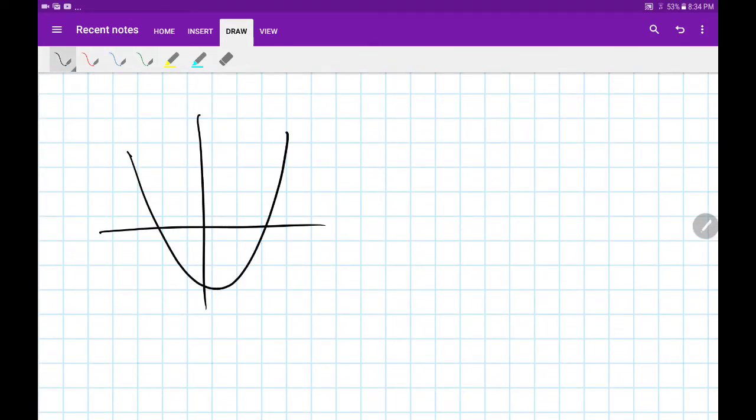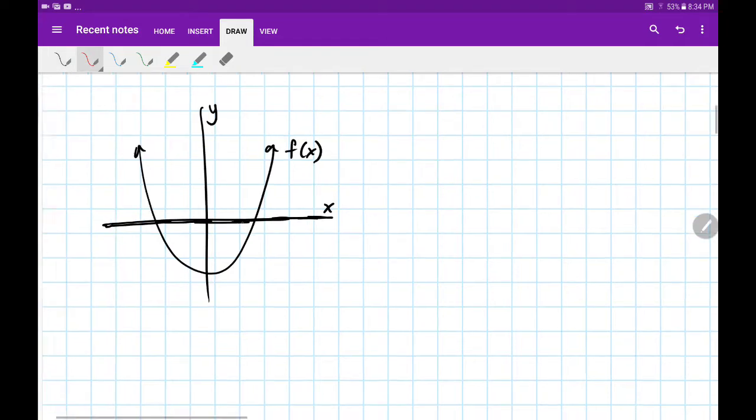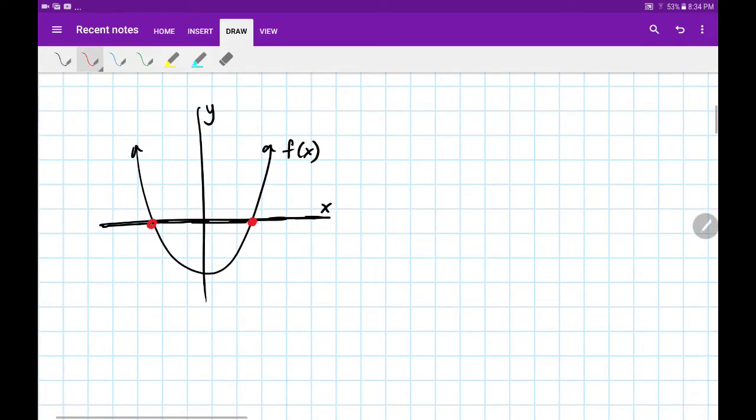So if I'm finding X-intercepts, pardon the funky graph. Okay, let's say this is my parabola. Let's call it f of x. In this case, our x-intercepts, that means anywhere you're hitting the x-axis along here, are going to be located right here and right here.